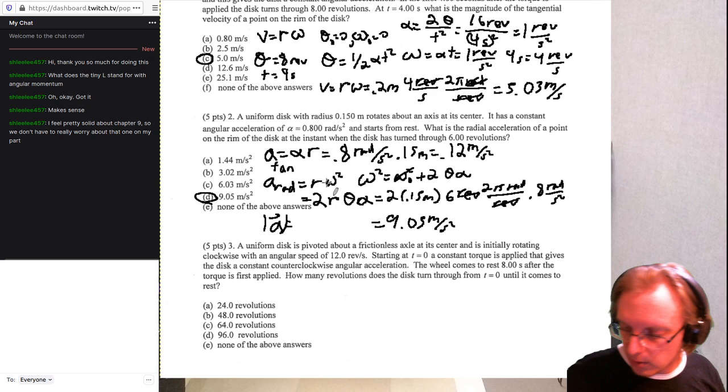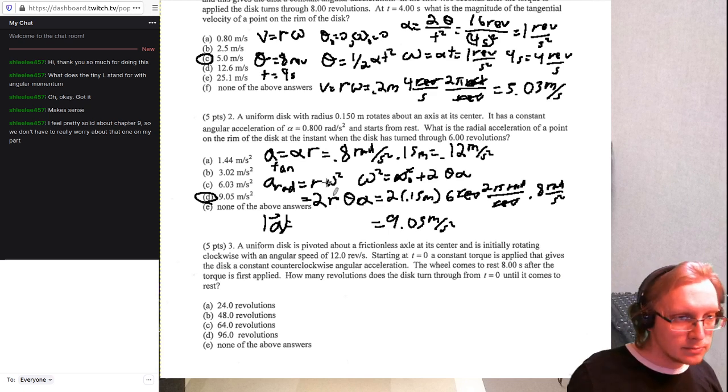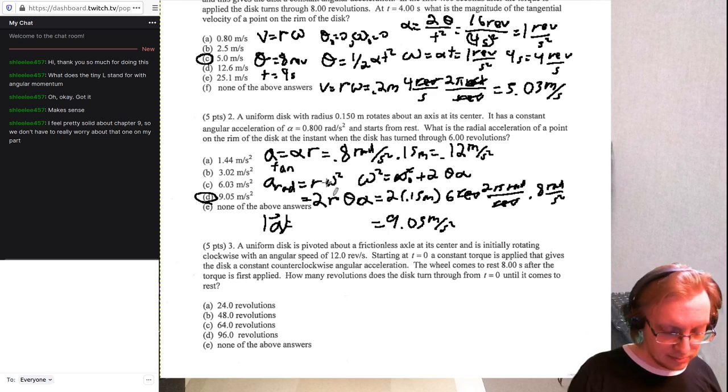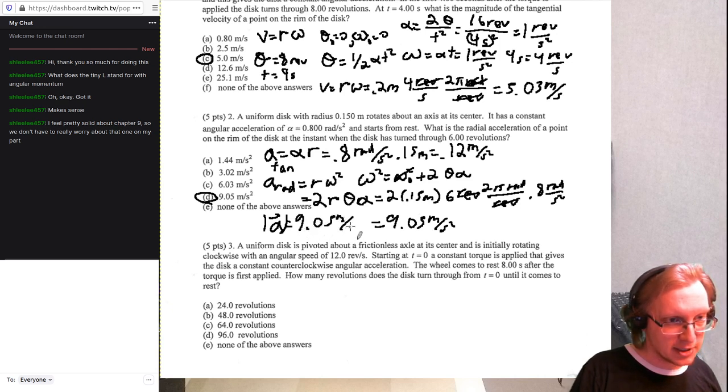Oh well, it's more or less the same number. It should be just a touch bigger. 9.05 meters per second squared, because this is a lot bigger than that number there, and so it all boils down to this 9.05.